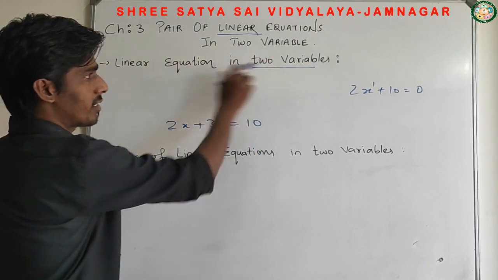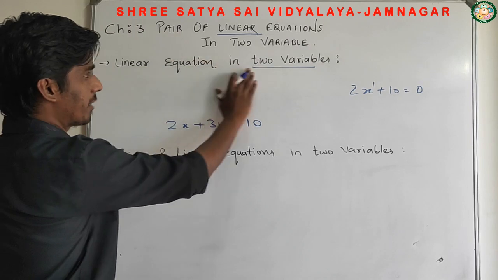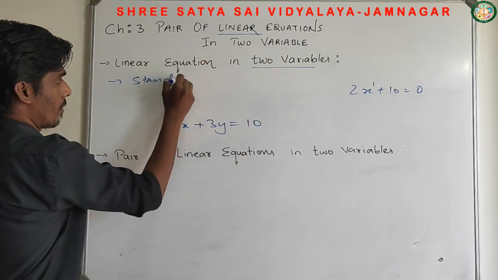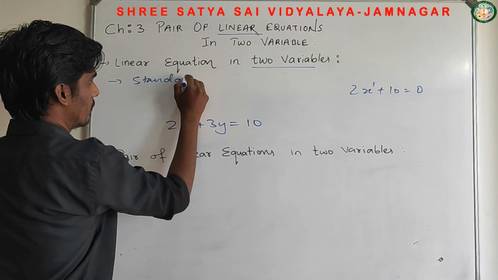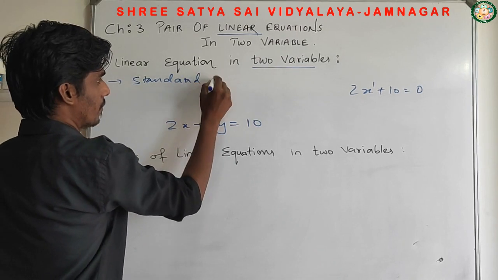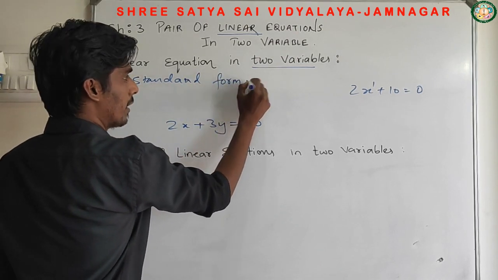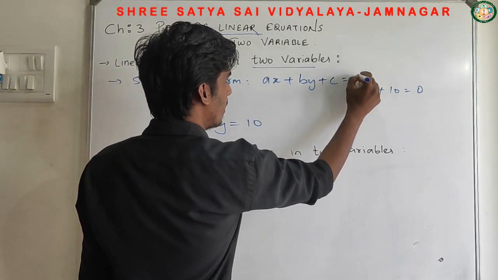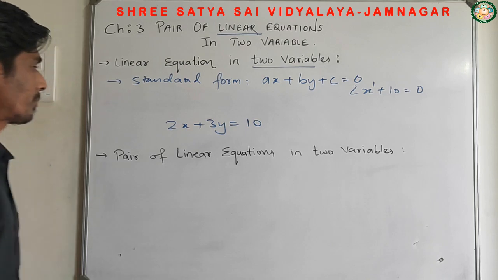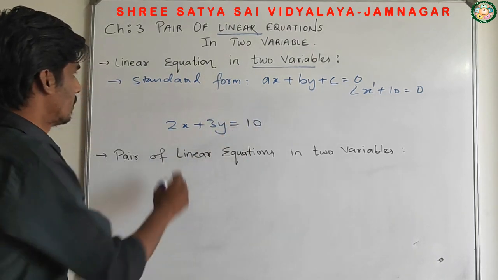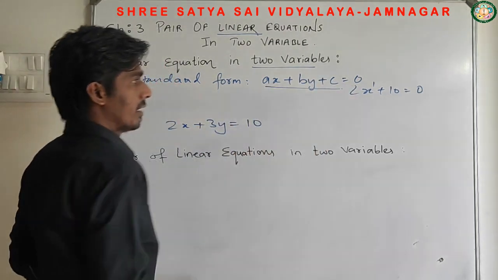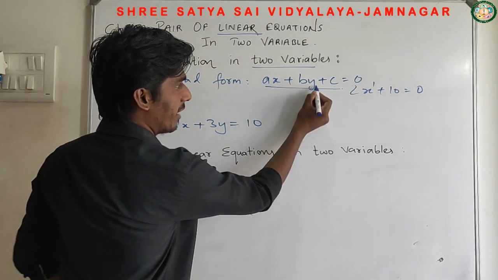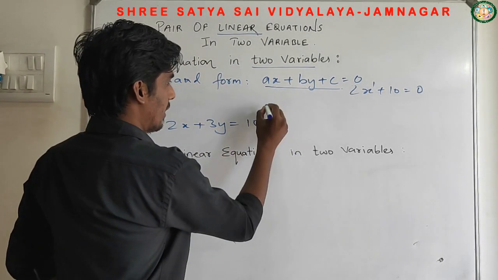The standard form of a linear equation in two variables is ax plus by plus c equals 0, where x and y are the variables.